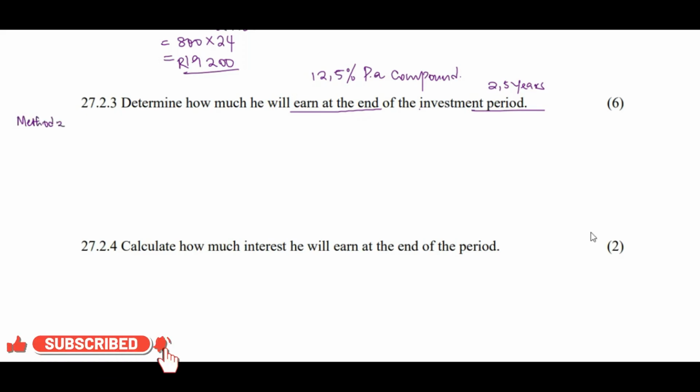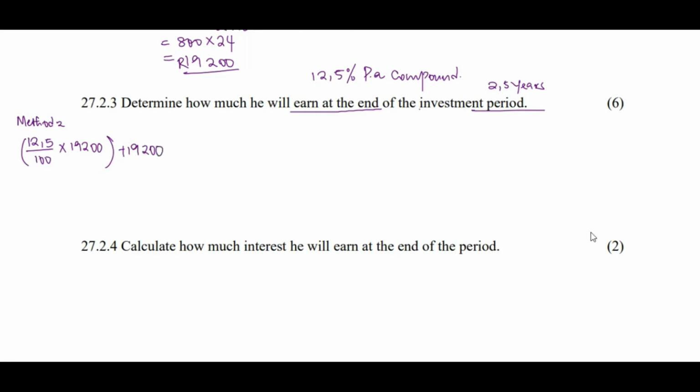Method two, you would have done it the way you know it, whereby you get 12.5 over 100 times the money that was invested. Please don't forget, you still add on that money. So here you get your interest as 2,400 plus.